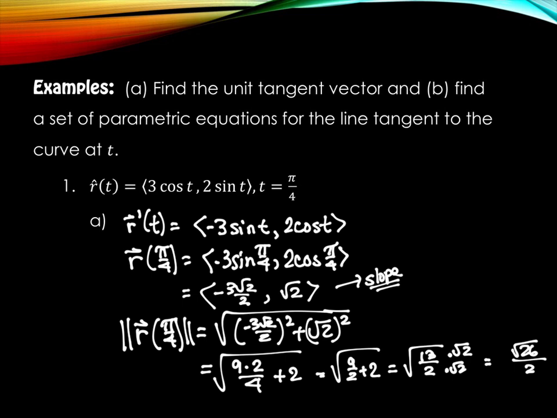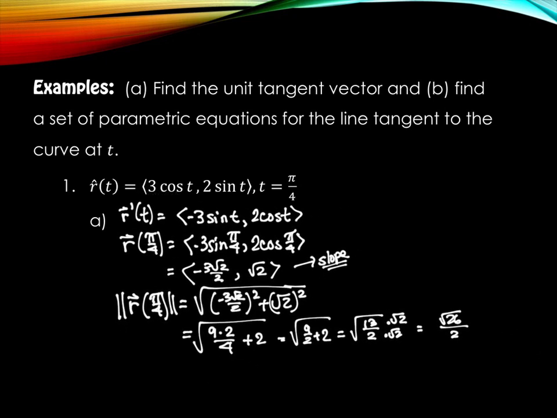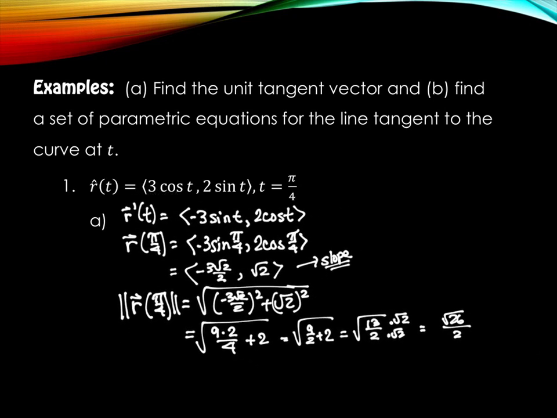So then if I'm trying to find my unit tangent vector, let me shrink this so I have a little bit more space. I'm almost done with this part. The unit tangent vector, T of t, is going to be each of those individual pieces, which had 2 of them, divided by the magnitude.